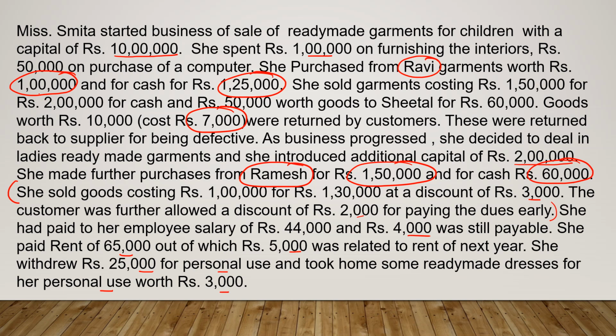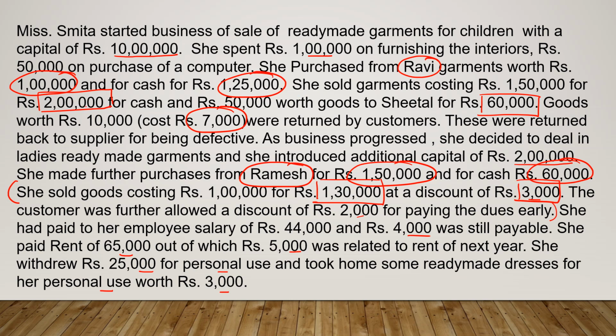But it's sold for 2,00,000 for cash, and rupees 50,000 worth goods to Sheetal for 60,000. So sales 2,00,000 cash, 60,000 credit sale. And then further, as the business progressed, she sold goods costing 1,00,000 for 1,30,000, but there was a trade discount given here. So these are the items.